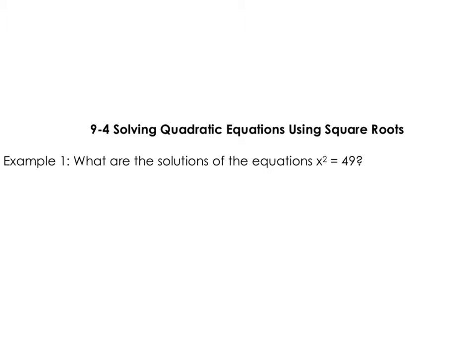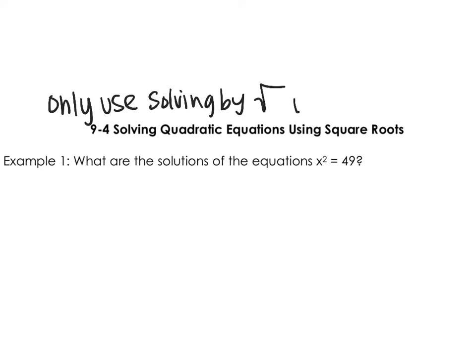Now, that is because in all of these problems, we are going to only have an x squared. So if you want to write yourself a note, only use solving by square roots when you just have x squared.